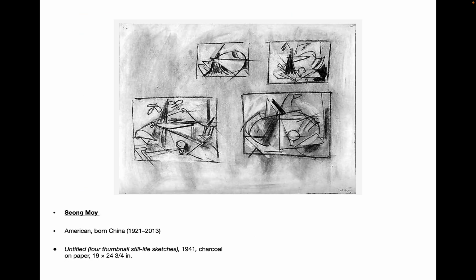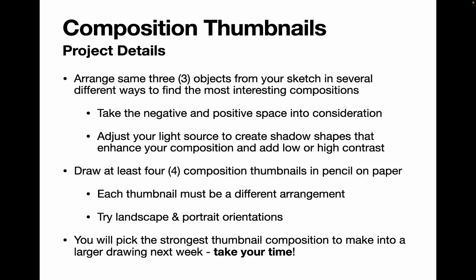This is again another artist doing composition thumbnails, and we can see the outlines that I think are really important, and we're going to do that in ours. So you can really see the negative and the positive space, and you can see how this artist erased a little bit of the charcoal, and they're just filling in all the elements to see how these compositions are going to work out, to choose the one that they like the most.